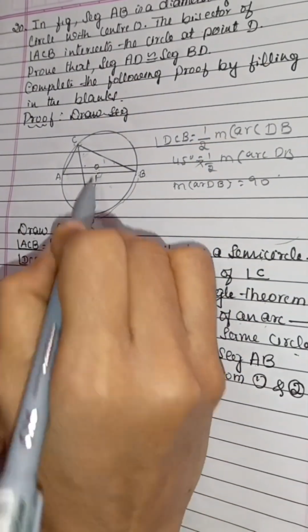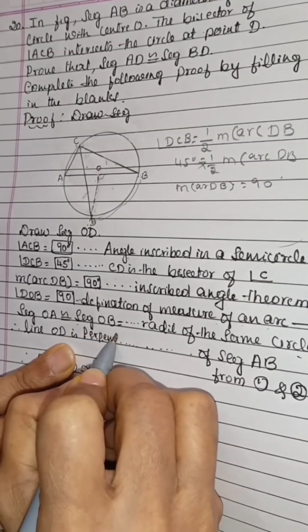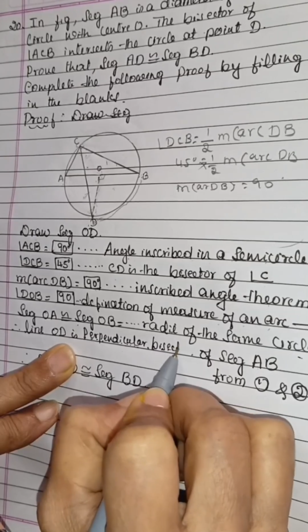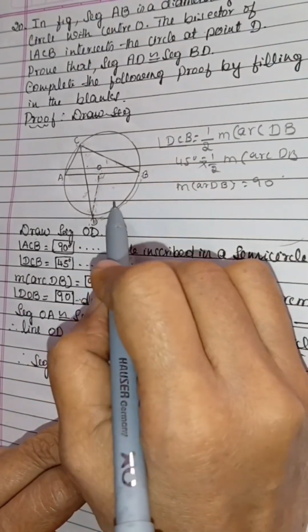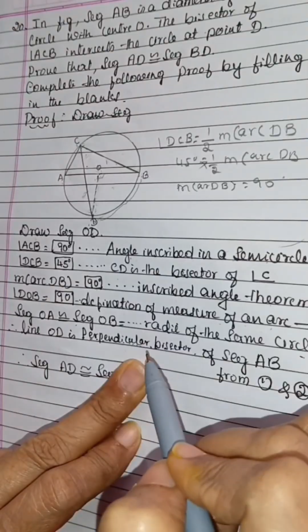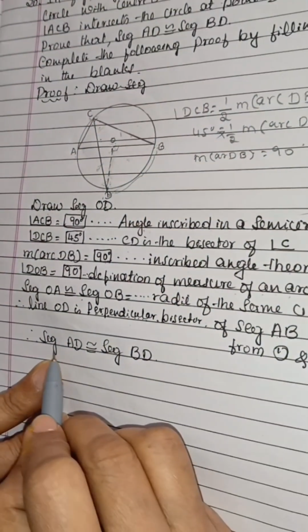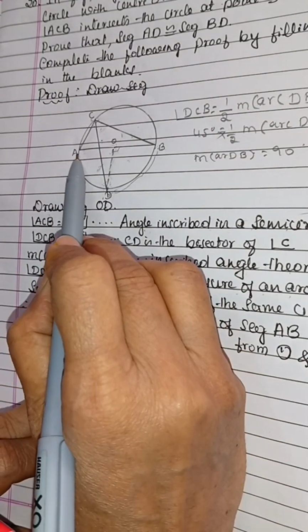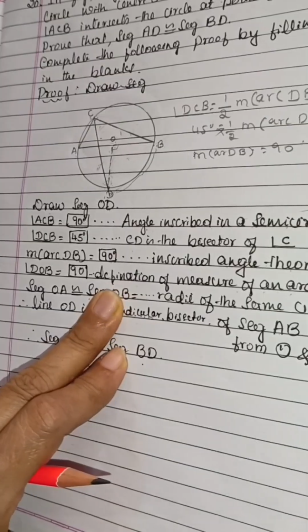So line OD is a perpendicular bisector of segment AB. This is perpendicular to segment AB. Therefore, segment AD is congruent with segment BD. This type of fill in the blanks is very easy to fill, no?